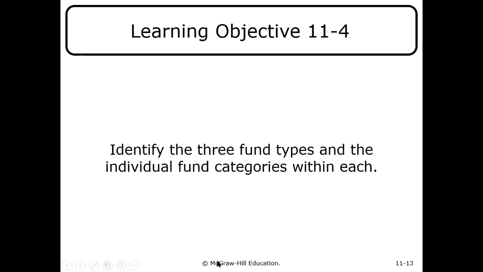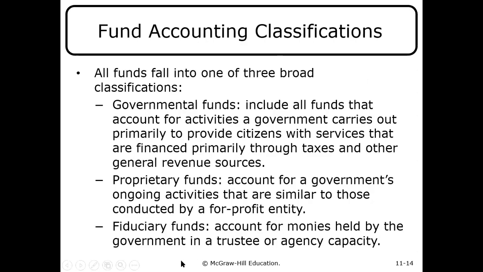Okay, so we're going to identify 3 fund types and then individual fund categories within each. So let's take a look. All funds in a government, so all activities, fall into one of 3 categories. You're going to have governmental funds.